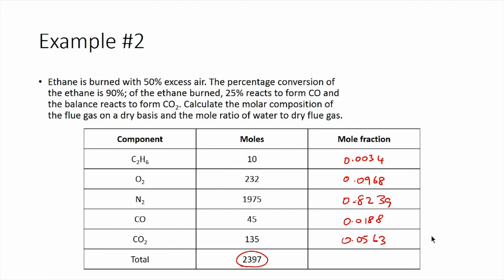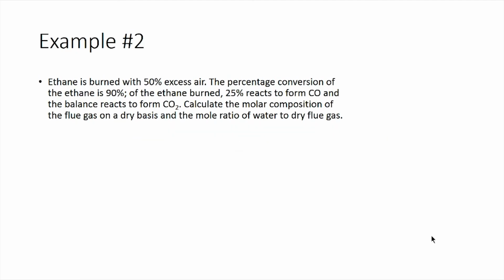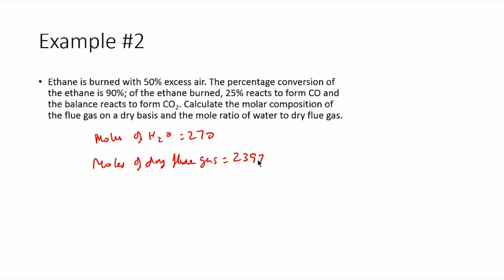Now that we have calculated the composition of flue gas on the dry basis, we need to calculate the mole ratio of water to dry flue gas. We know that the total number of moles of dry gas is 2397, and we also know the number of moles of water. Moles of water was calculated as 270, and moles of dry flue gas is 2397.